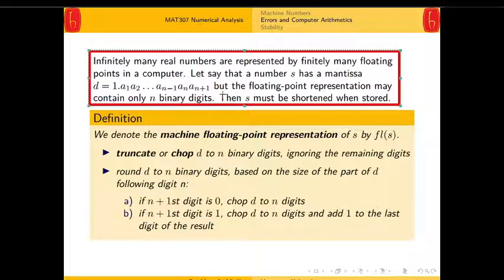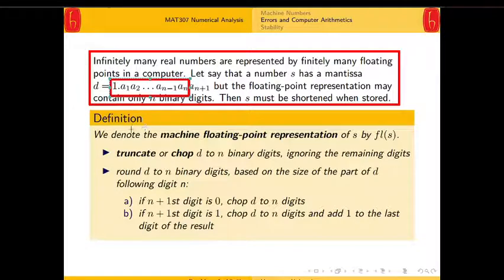But the floating point representation may contain only n binary digits. So say our mantissa is limited to n bits. Then it means we can only represent the number as much as this length, so the last one will disappear somehow. Then s must be shortened when stored.